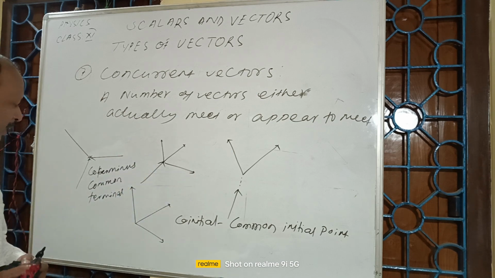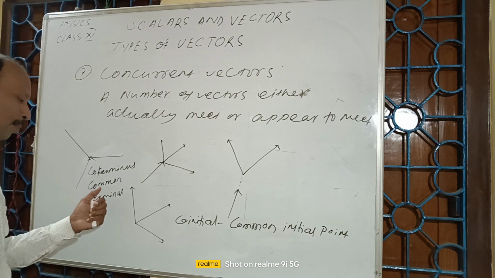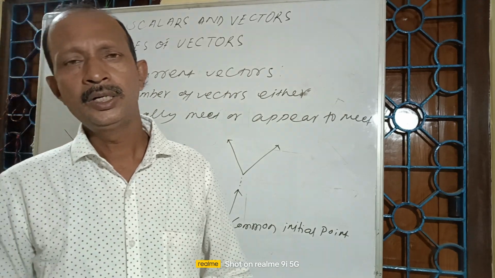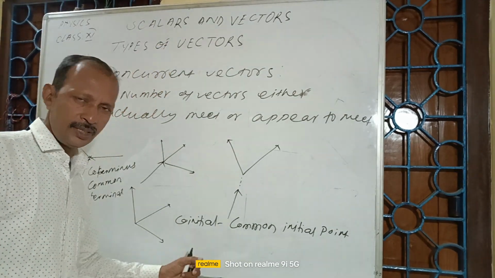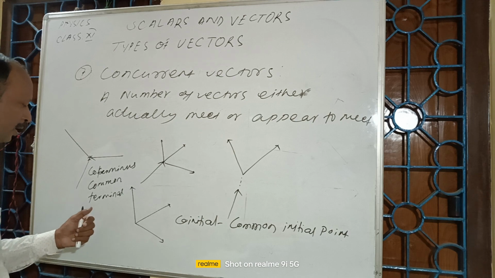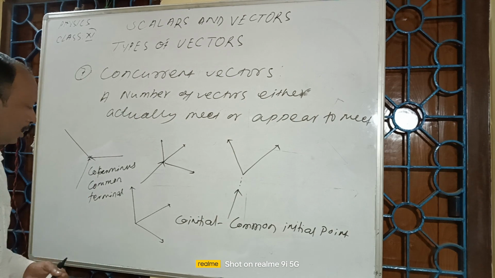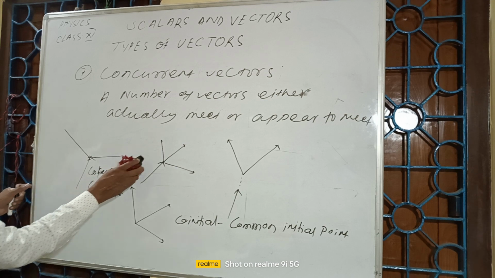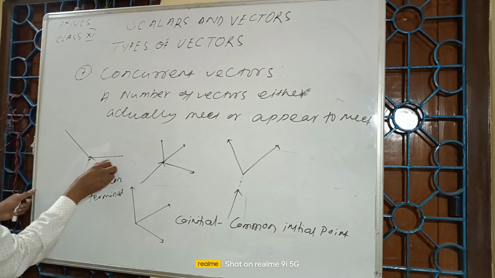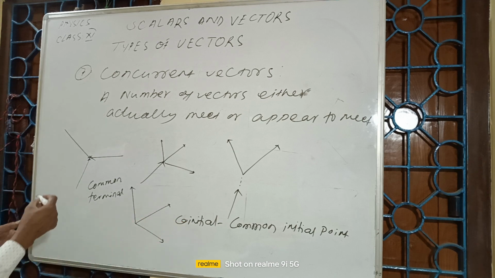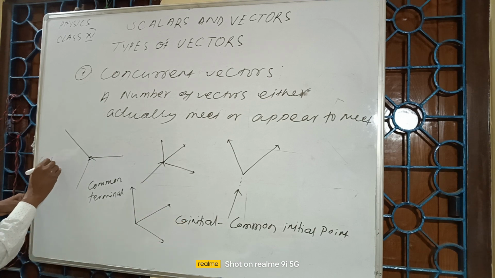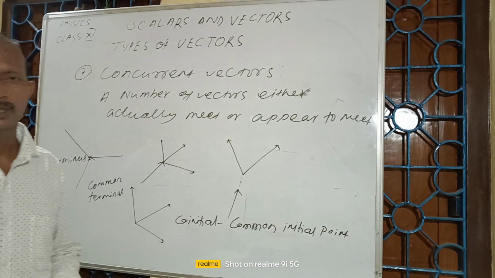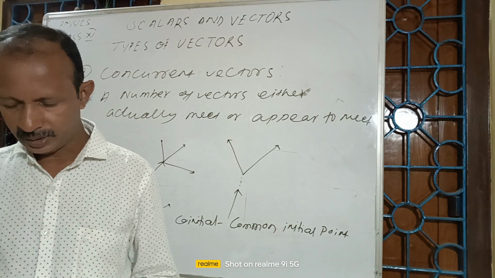So concurrent vectors may have a common terminal point or a common initial point. If it is the common initial point, we say it is co-initial. If it is the common terminal point, we say coterminus. Okay, so this is about the concurrent vectors.